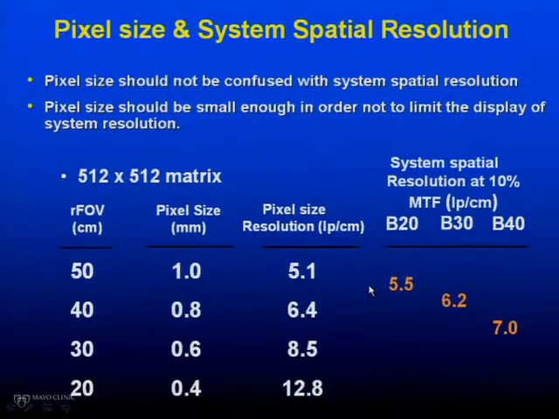And for some reconstruction kernels, the 10% MTF, here are some line pair numbers. So the pixel size should be small enough. If you use too big a pixel size, it might limit the display of the achievable system spatial resolution.